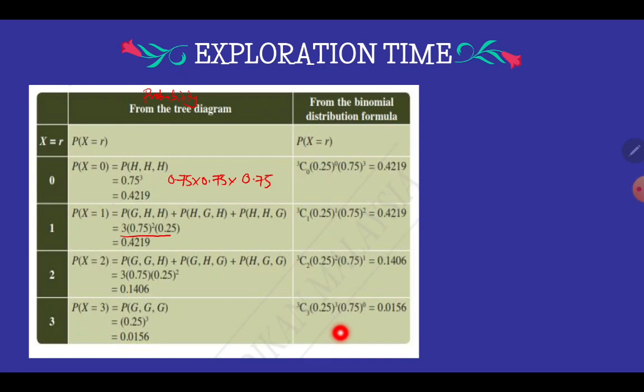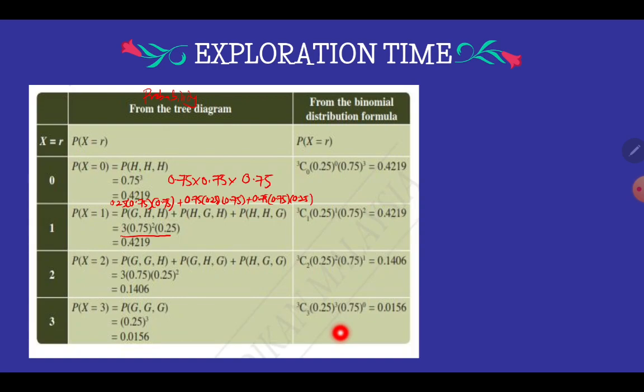It comes from 0.25 times 0.75 times 0.75, plus 0.75 times 0.25 times 0.75, plus 0.75 times 0.75 times 0.25.